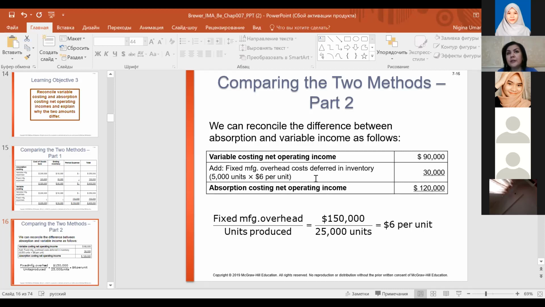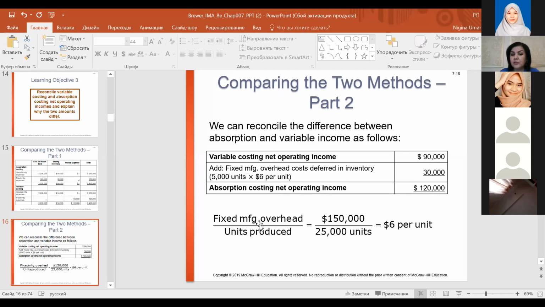So calculate net operating income under absorption costing. So how may you easily calculate this? Variable costing net operating income 90,000 plus what is the amount of ending inventory? 5,000 units. We multiply by 6, fixed manufacturing overhead per unit, $6. So it is 30 if we multiply. If we add this together, then we will find net operating income under absorption costing method.